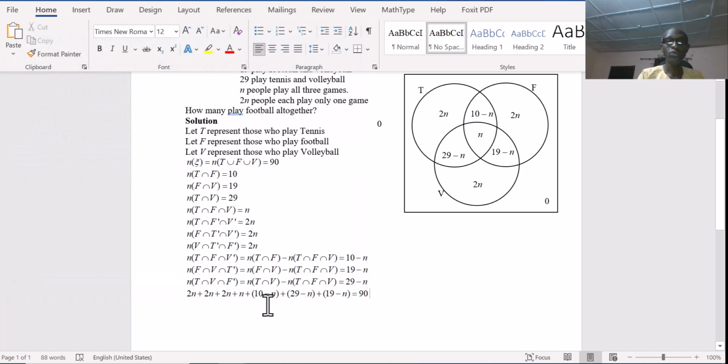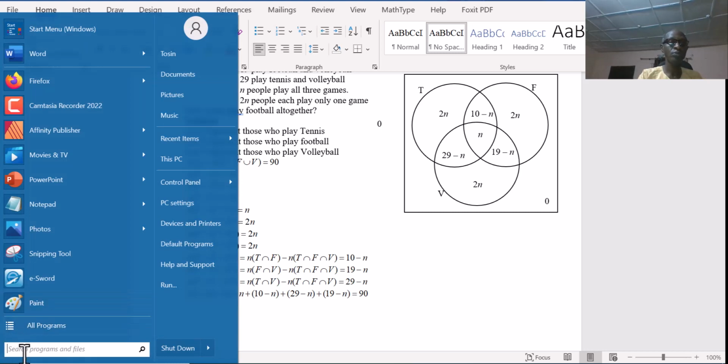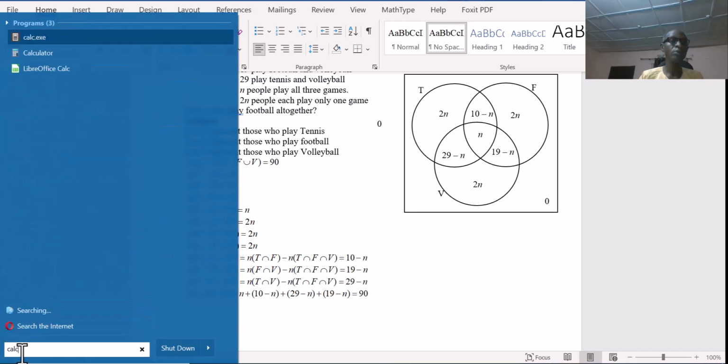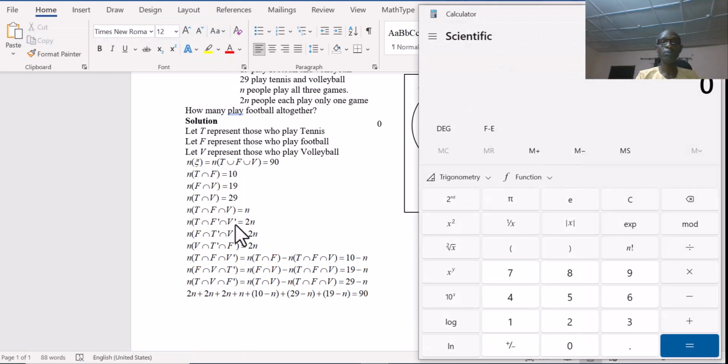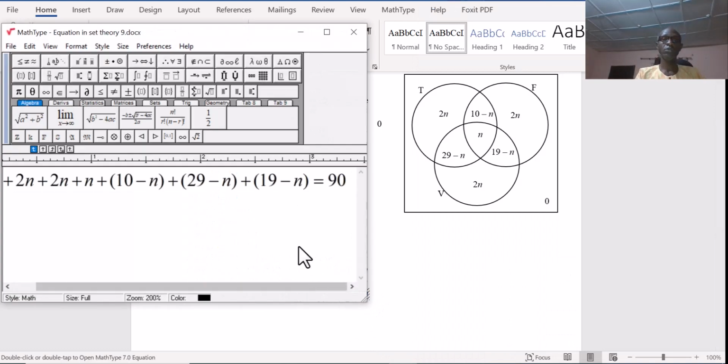So if we add this together, let me put up my calculator. So now we have 10, that's 39. 39 plus 19, that's 58. So this is 58.